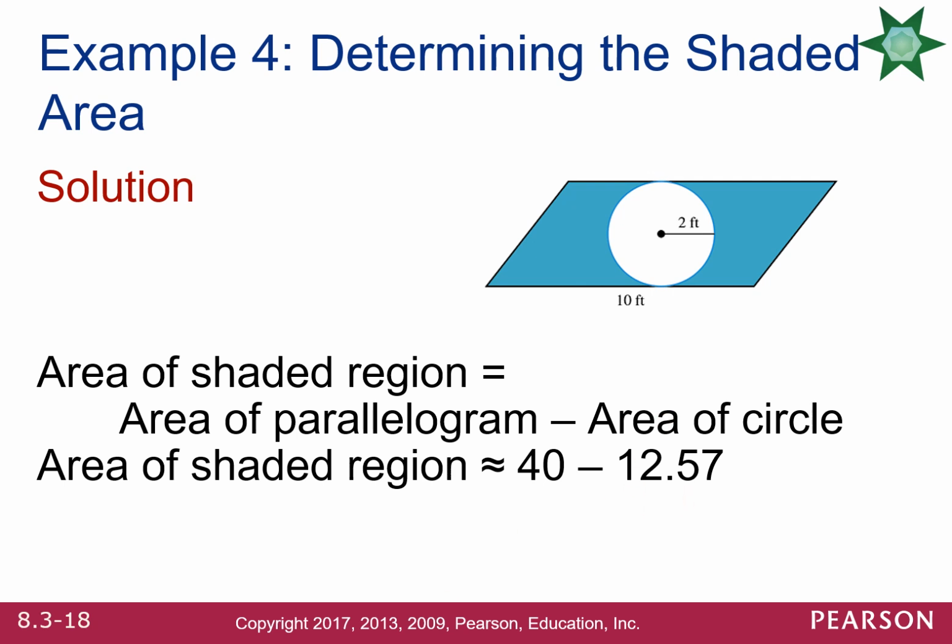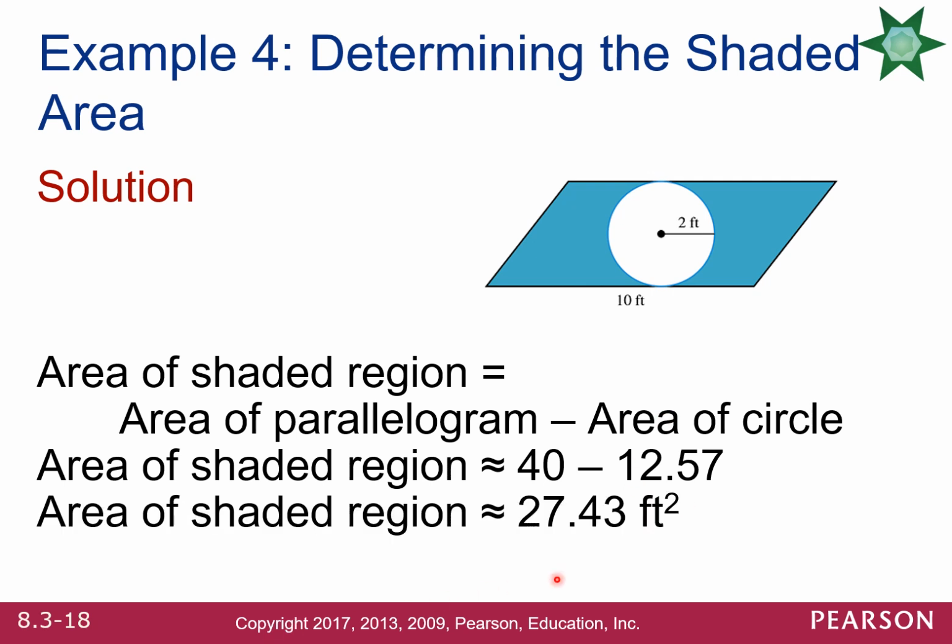When we do the subtraction, we get a value of 27.43 square feet. So this is the final solution, and this is how we will go about solving problems on areas of different geometric figures or shapes.